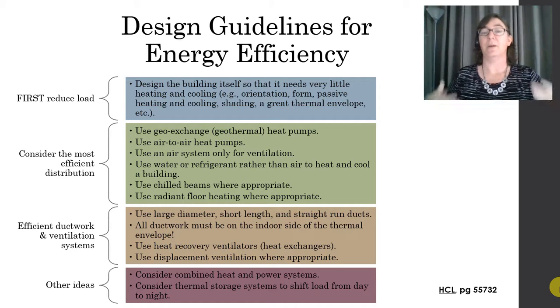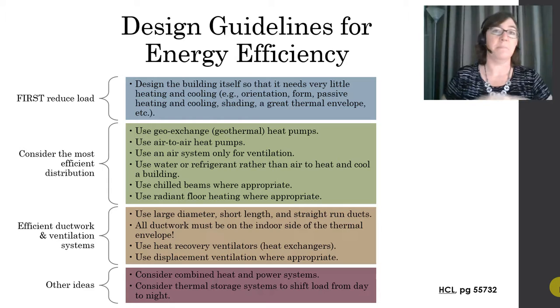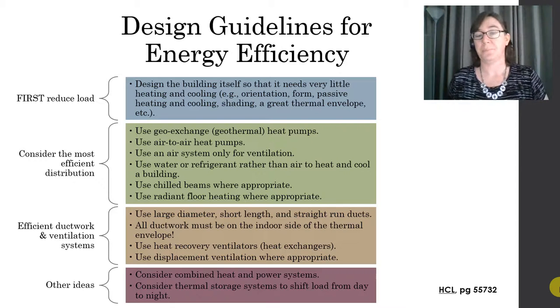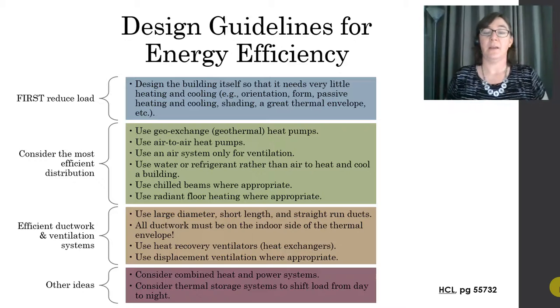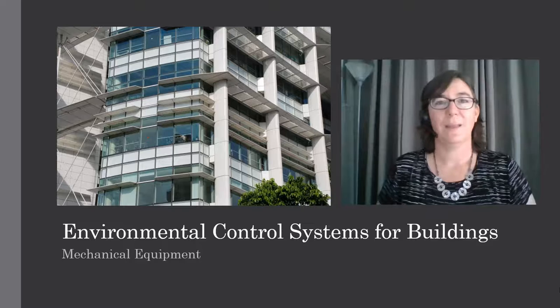Use large diameter, short length, straight run ducts. You'll get much better efficiency. All right. You want to place your ductwork on the inside of your thermal envelope and not outside. Again, very important. And some other options.